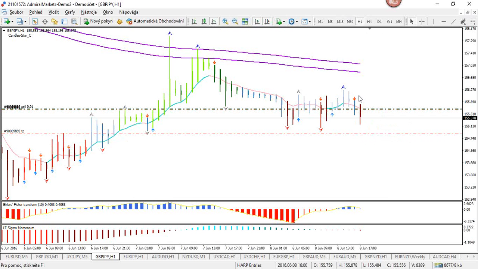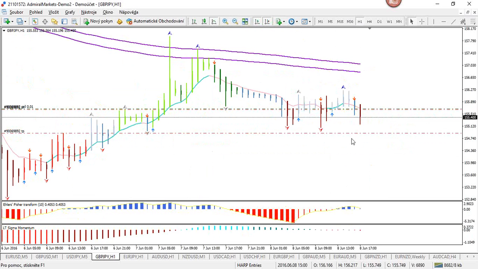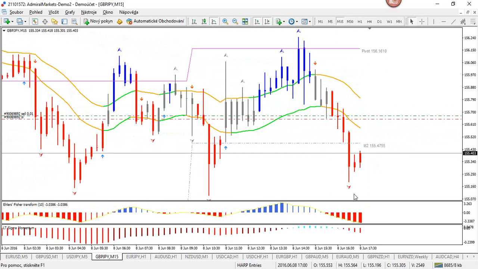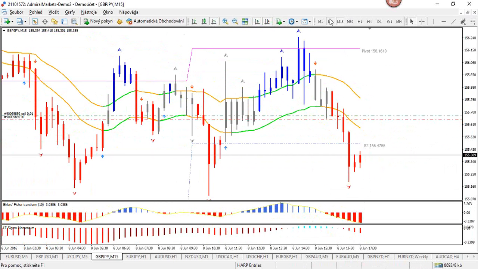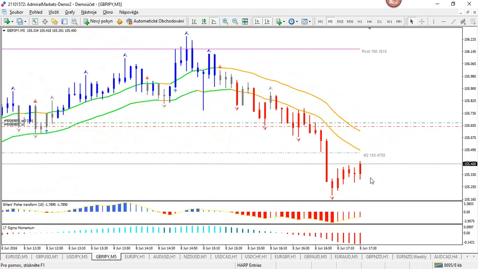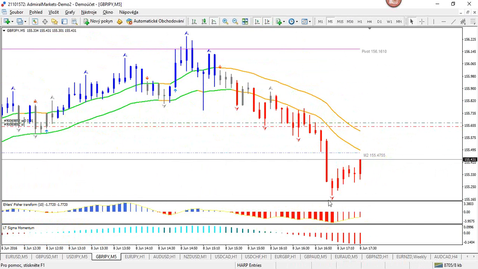So we got momentum to the downside at the moment. Or we have a turn on the hourly, all right? 15-minute chart, we got momentum. 5-minute chart, we're retracing. So we're waiting for continuation. So preferably it hits the M2 and turns, and this becomes thick red. That would be the best.